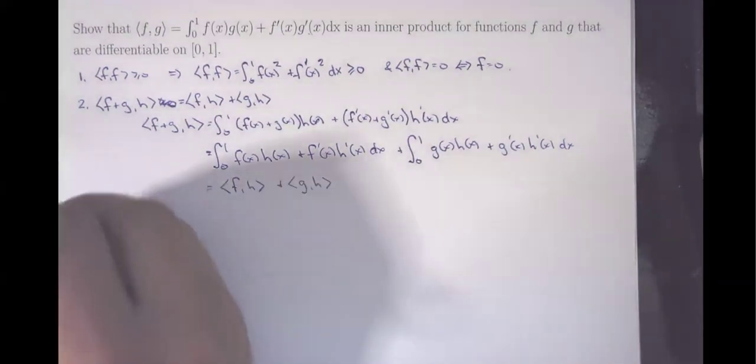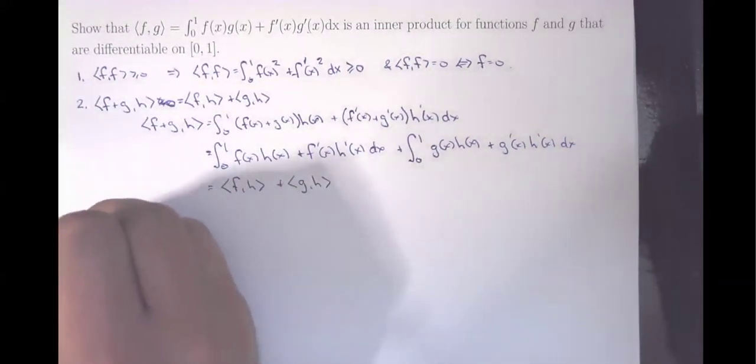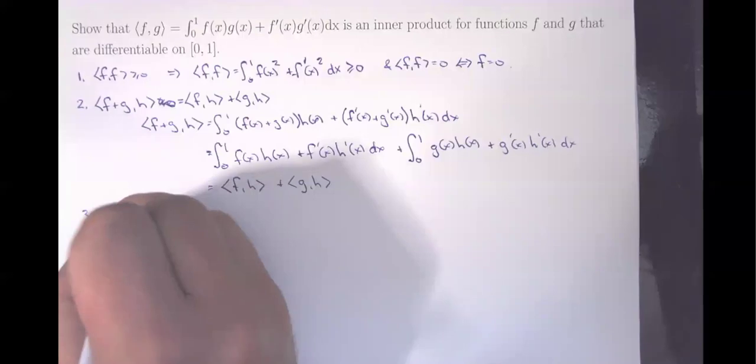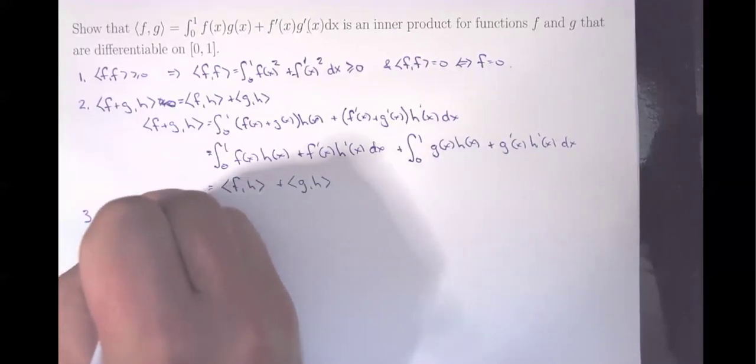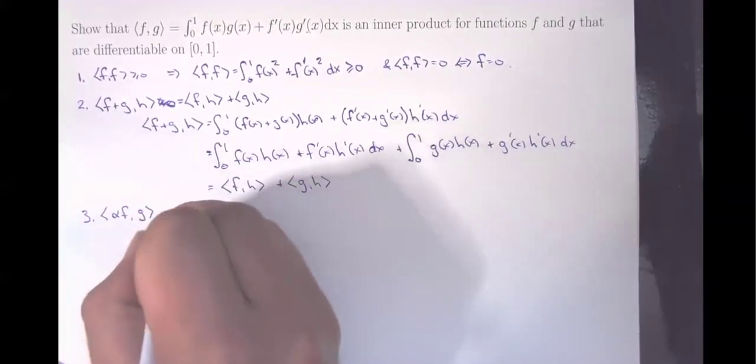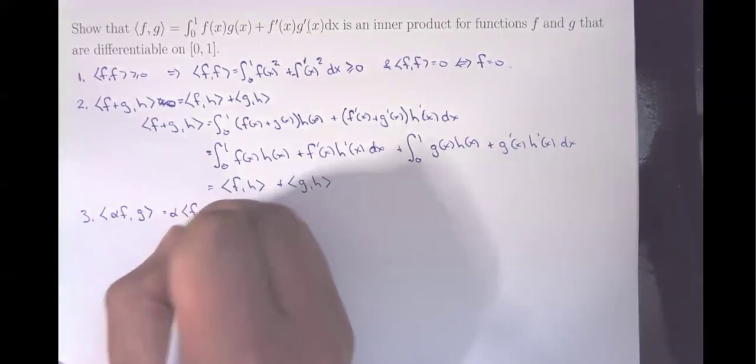Thirdly, we want to show that the inner product of alpha f with g is equal to alpha times the inner product of f with g.